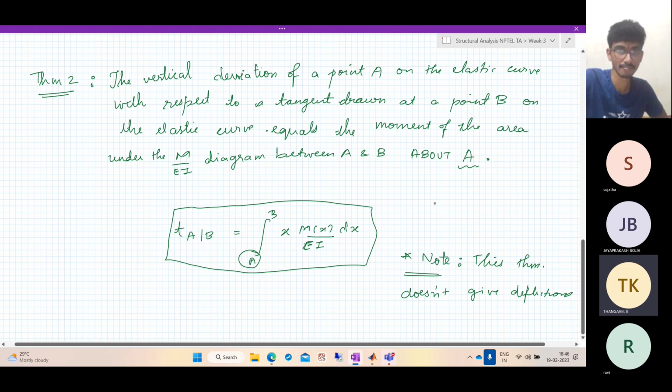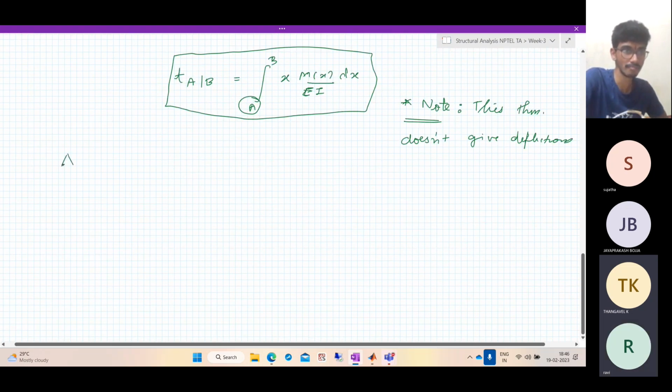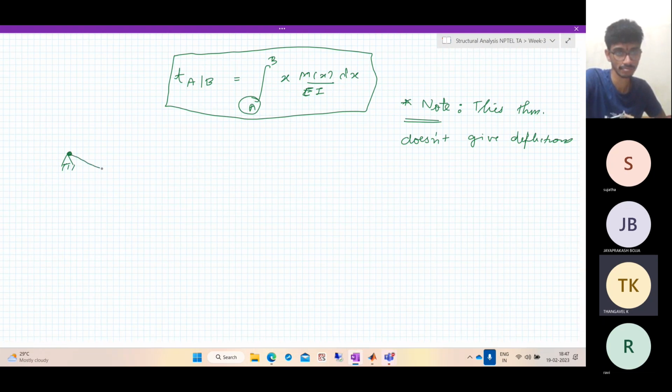That is, if you have a beam, a real beam, under some loads, and this is the deflected profile. Suppose this is point A and the midpoint is B and this is point C. If you have to compute this deflection, this is delta, you can't get it directly from this theorem.